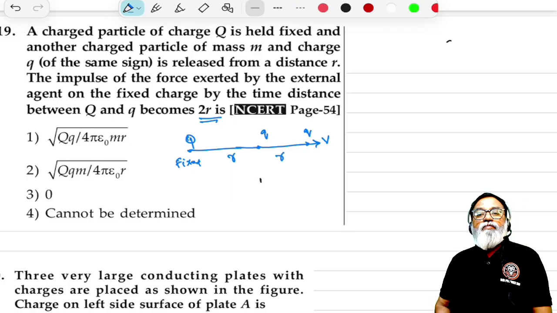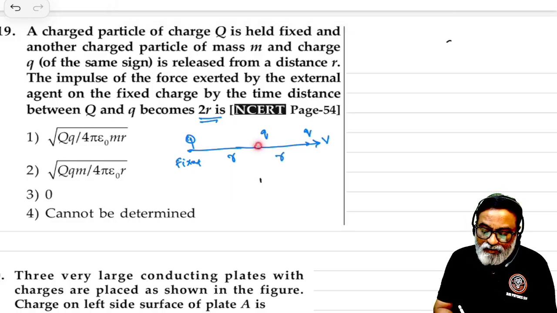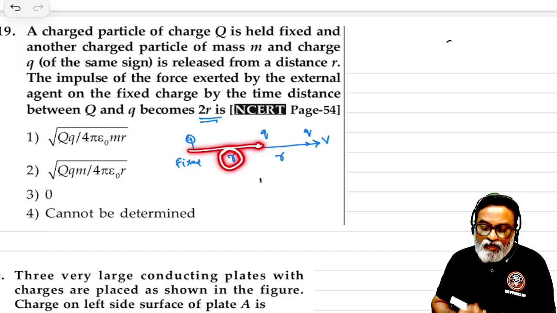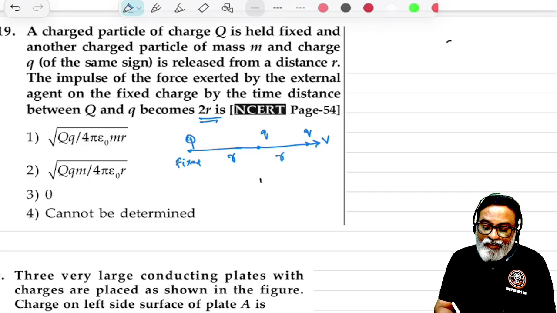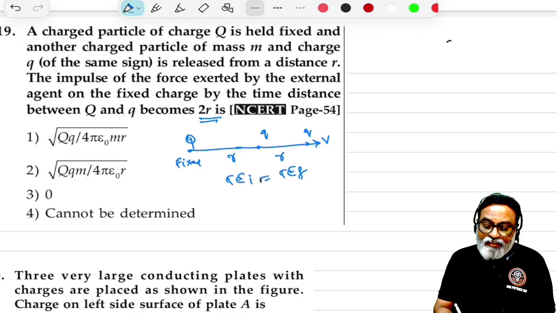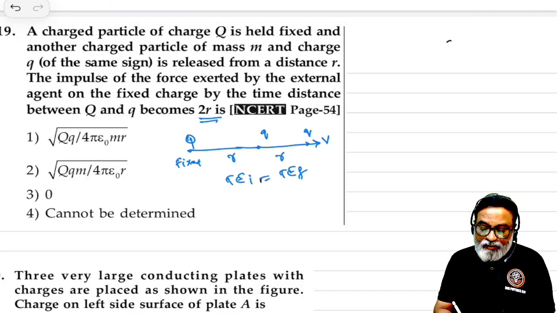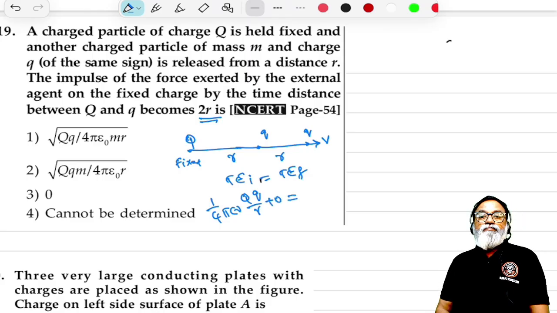For this one we have to apply the law of conservation of energy. Initially these two charges are at a distance r and at rest. Therefore total energy initial is equal to total energy final. Initially there is a potential energy of 1 by 4 pi epsilon 0 q into Q by r, and kinetic energy 0.